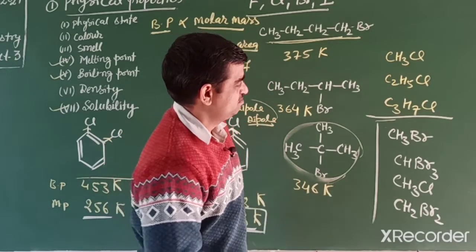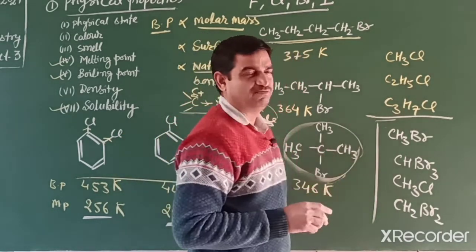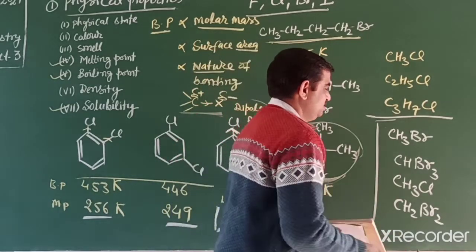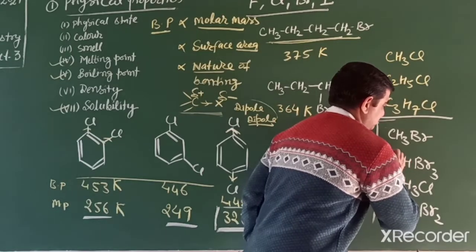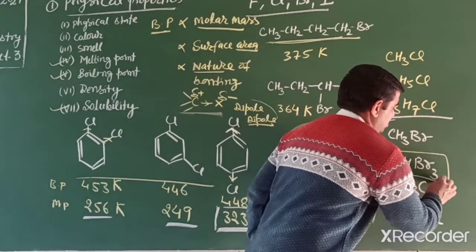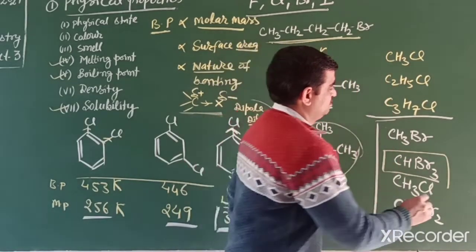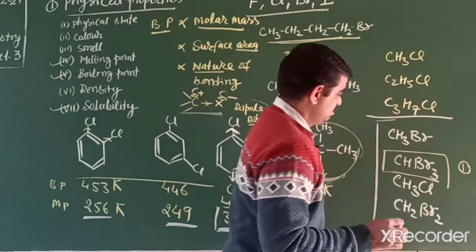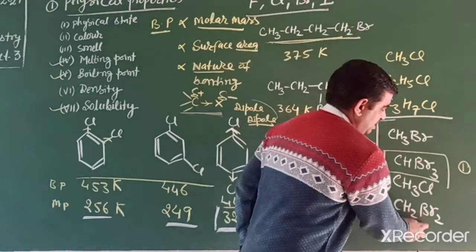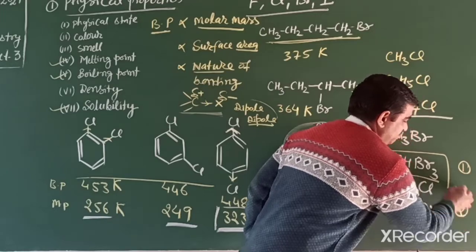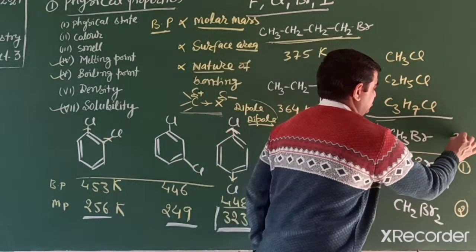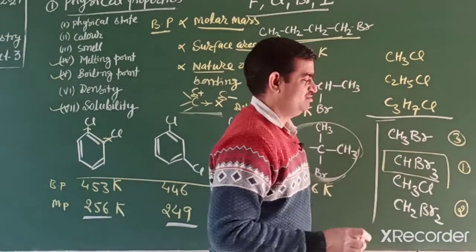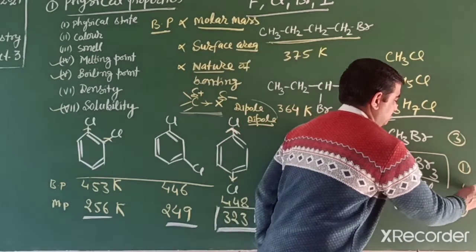At first we observe the mass of the compounds. CHBr3, bromoform, has the highest molar mass, so it has the highest boiling point. First CHBr3, then CH2Br2, dibromomethane, third bromomethane, fourth chloromethane.